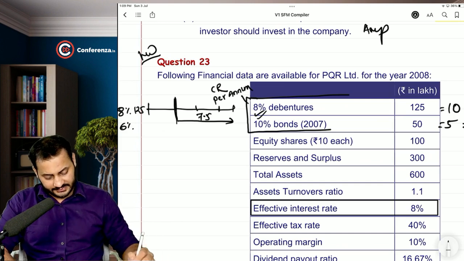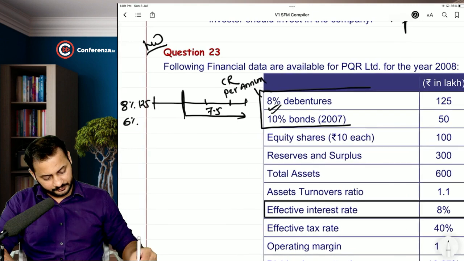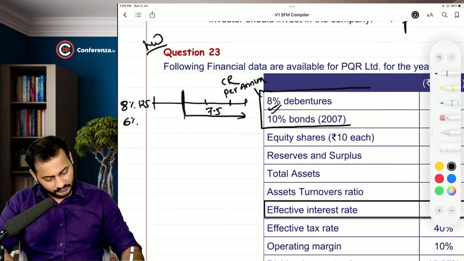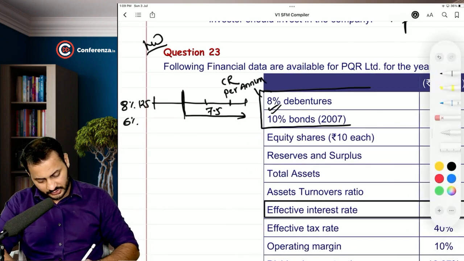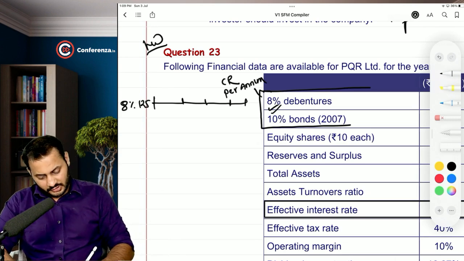So let's raise it to 7.2. Okay, let me just come down to another figure and another date. It will be some decimal or something.